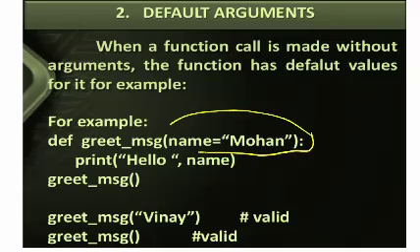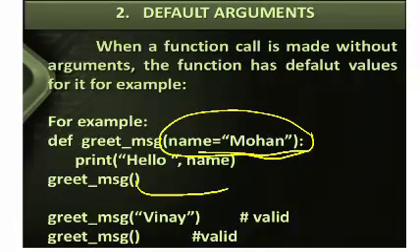Here the value is a default value, that is called a default argument, and it prints hello with the variable name. When we call the function create_msg and do not pass any value, then it will return the default value, that is Mohan, and the result will be printed: hello Mohan.